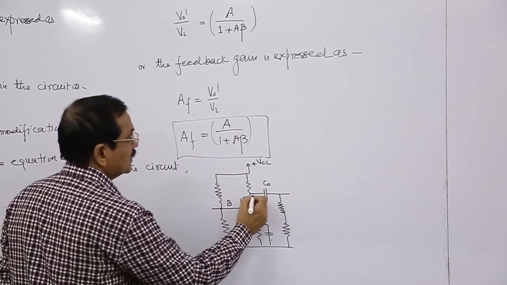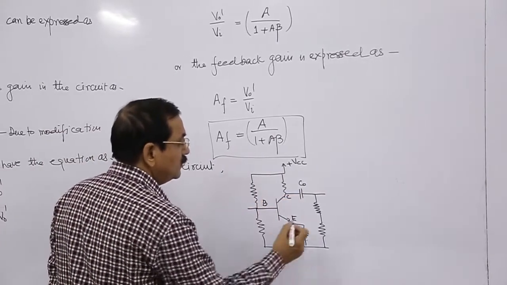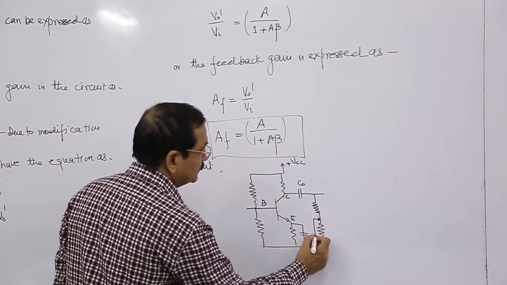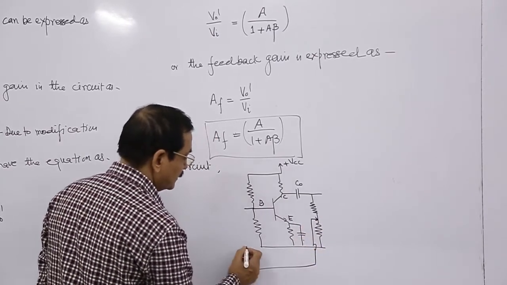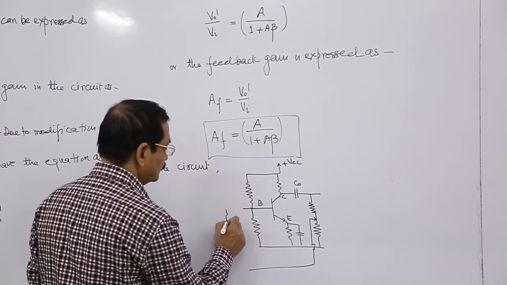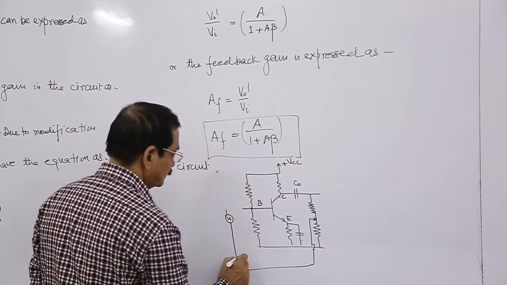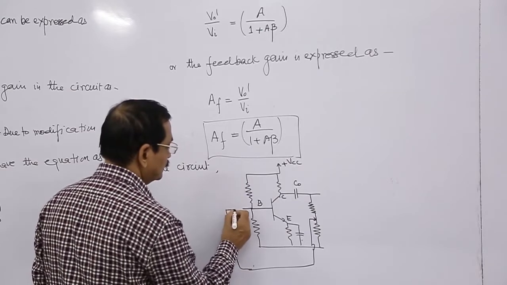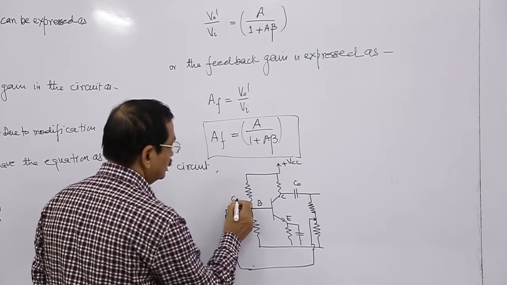This is base, collector and emitter, and a part of this is fed back to this C.